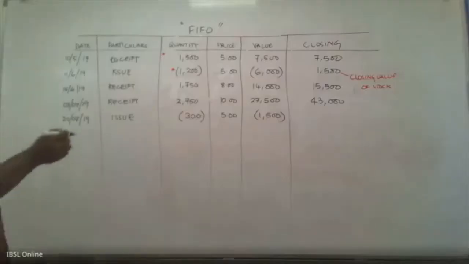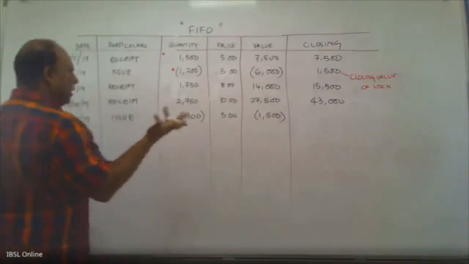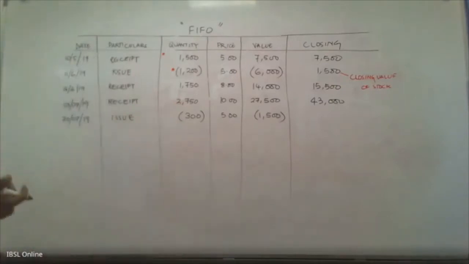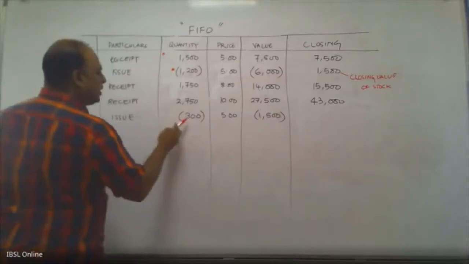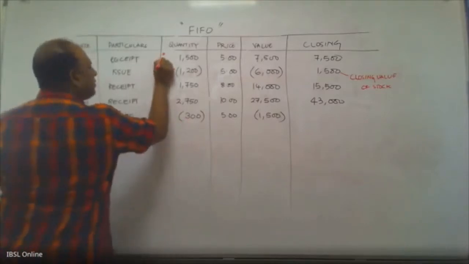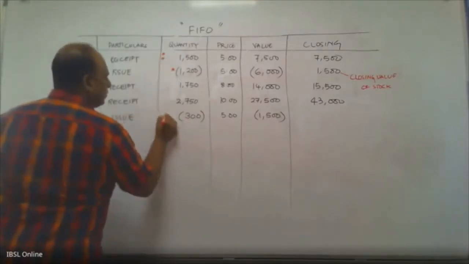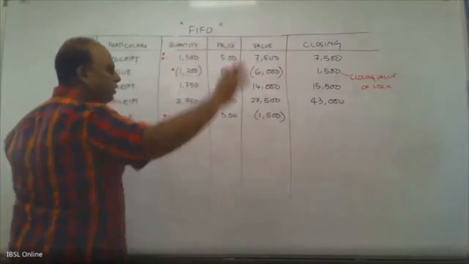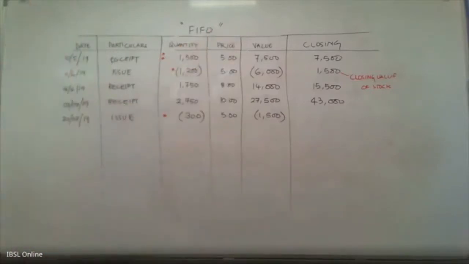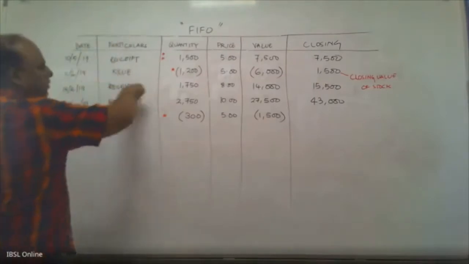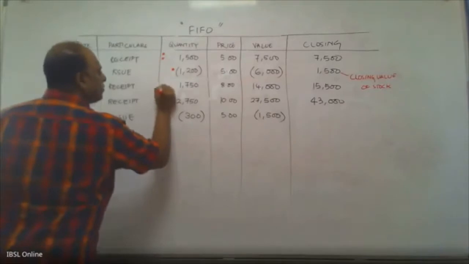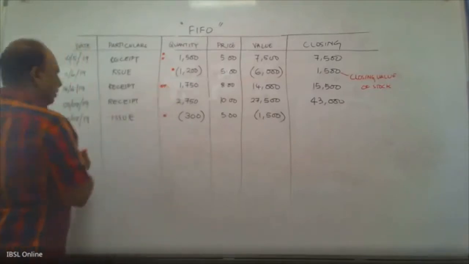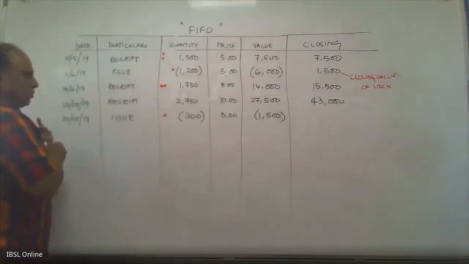So I have to issue 3,000 units, and only 300 I have issued. Now, when I issue this 300, the entire 1,500 is gone. Now I come to this second stock, 1,750.